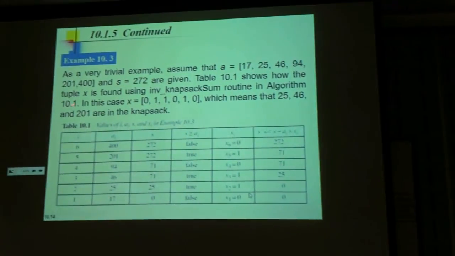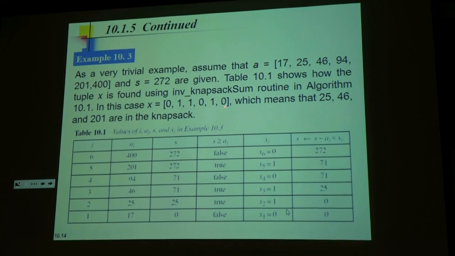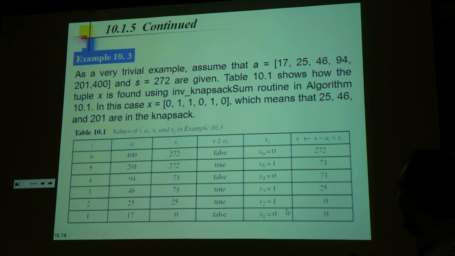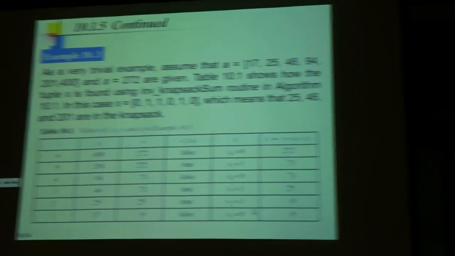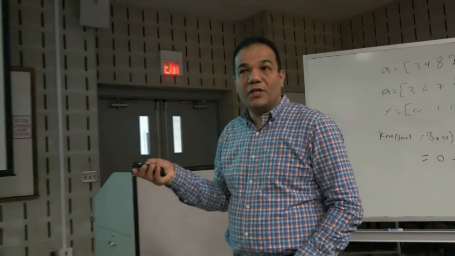So, Table 10.1 shows how the tuple X is found using the inverse knapsack sum routine in Algorithm 10.1. In this case, X will equal this. So what we do, we start from the size of X. How many elements? 6. Why? Because we have 6 in here. So we start from 6, right?